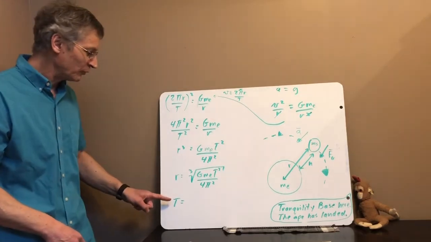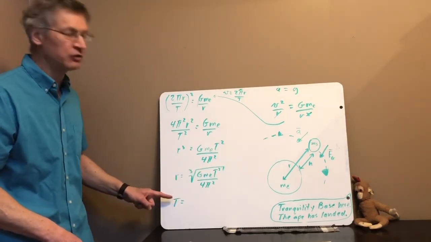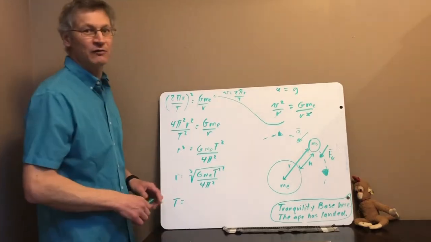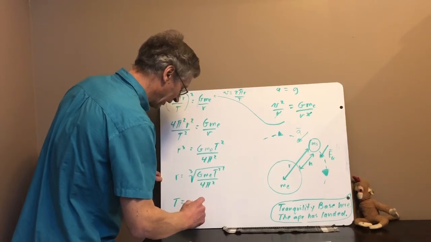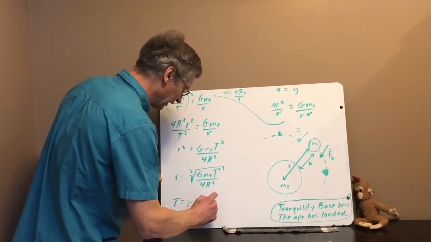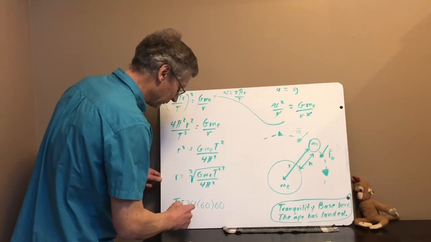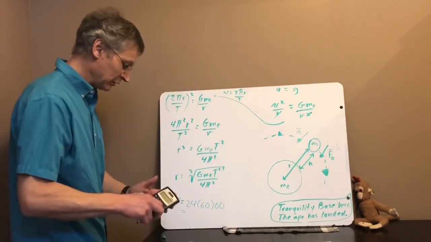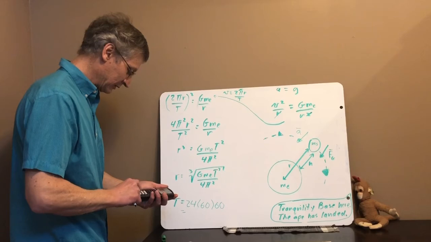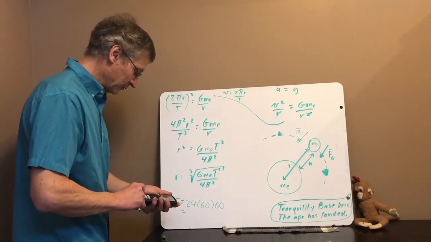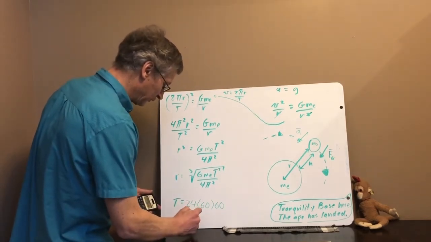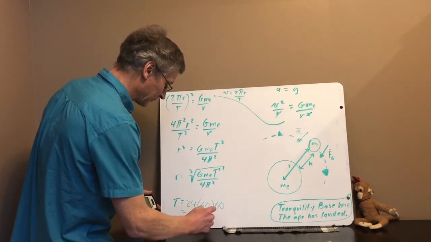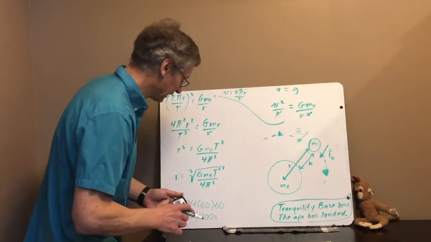So we know what T is. T is equal to 24 hours. Of course, we have to convert that to seconds. So 24 hours times 60 minutes in an hour times 60 seconds in a minute comes out to 86,400 seconds.